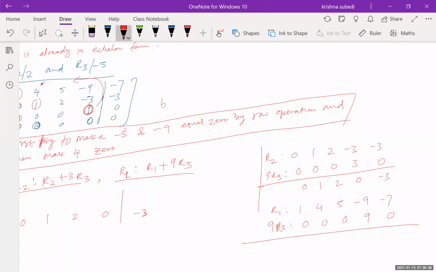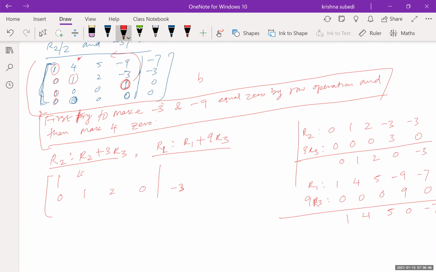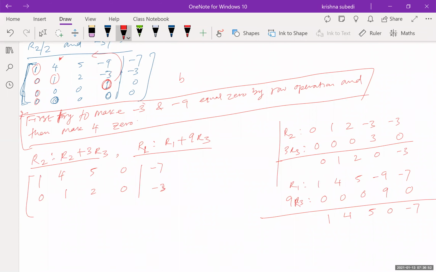So if you add them, you're going to get 1, 4, 5, 0, -7. And in R3, we did nothing, let me just copy as it is. And R4, we did nothing, just copy as it is.